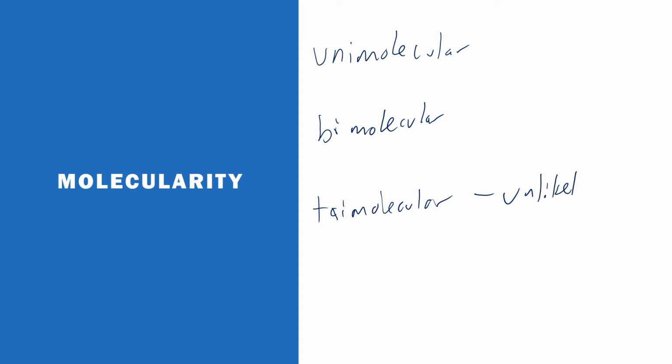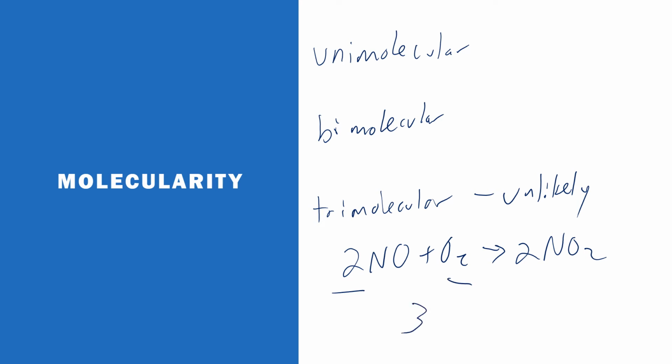And this comes up sometimes on free response. So they'll give you an example like 2NO plus O2 yields 2NO2. They'll say, is this reaction likely to be an elementary reaction? Well, you'd count the number of reactants. There's 1, 2, 3 reactants total.